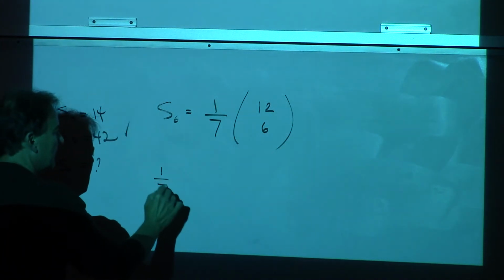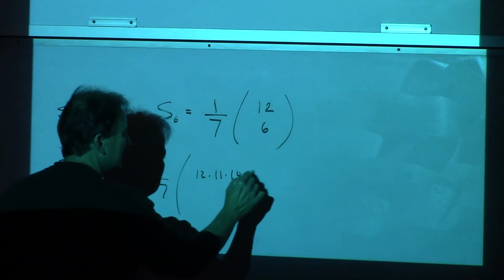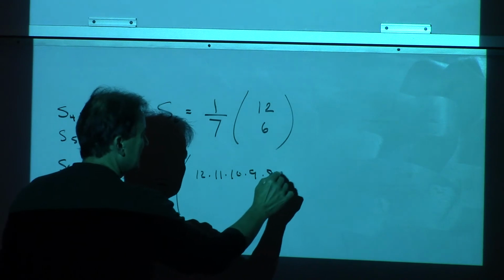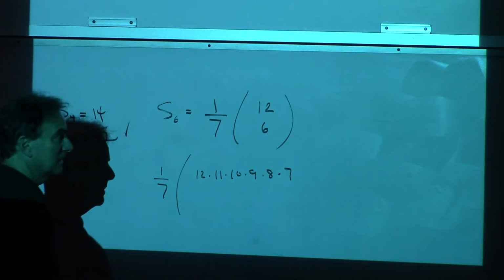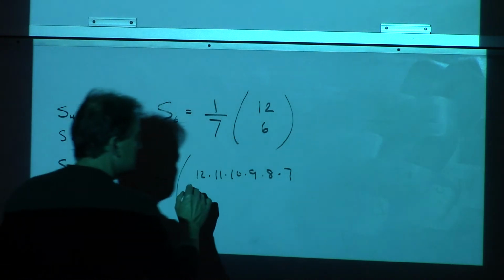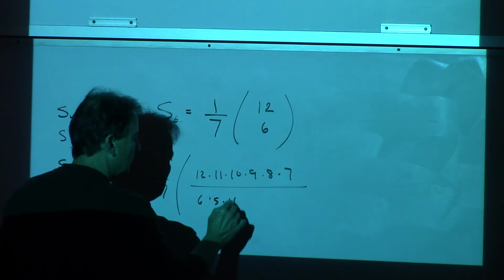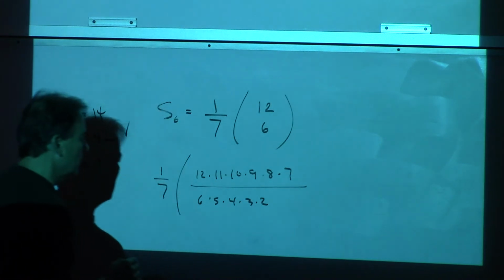So we're going to have 1, 7. Then we're going to have 12 times 11 times 10 times 9 times 8 times 7. That takes care of the 12 factorial over 6 factorial. But I still have a 6 factorial, which is going to be 6 times 5 times 4 times 3 times 2. I can skip the 1.